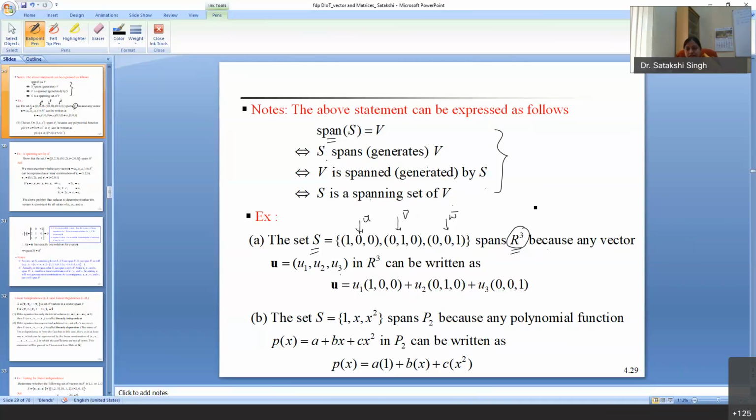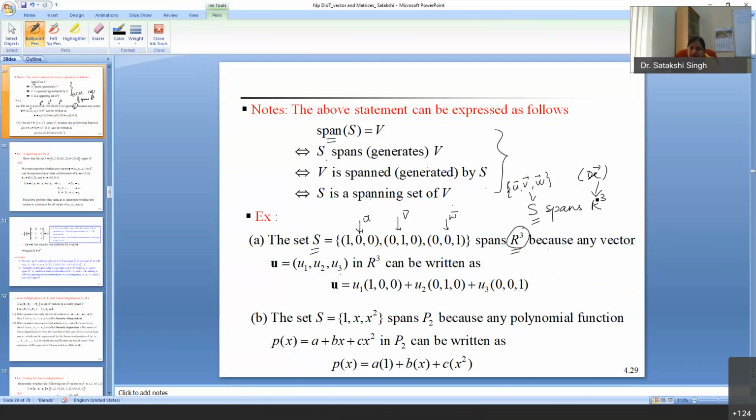We say that S spans or generates the vector space R3 if any vector which is inside R3 can be written as a linear combination of vectors in this. So we will have to take some other vector in place of u, x, because we are taking the vectors inside S as the vectors u, v, and w.